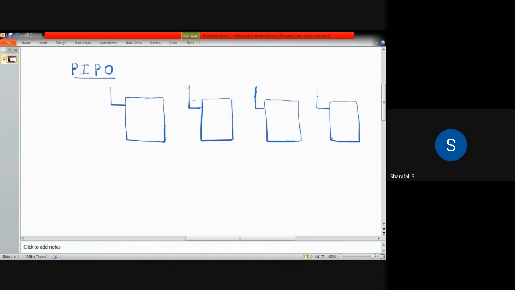So in this parallel input configuration, we are providing input separately to each and every flip-flop. So this is your D3, D2, D1, and D0, and you are having Q3, Q2, Q1, Q0 as your output. And you also have the clock pulse.